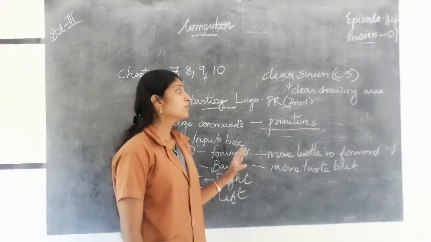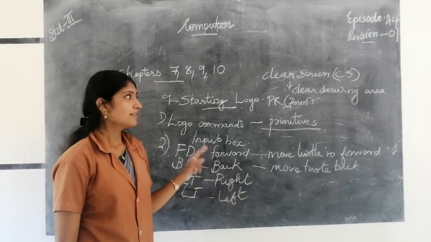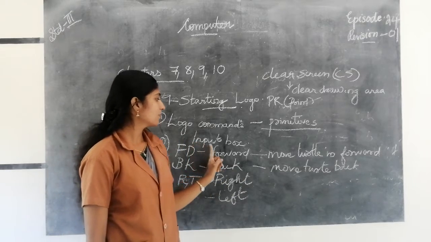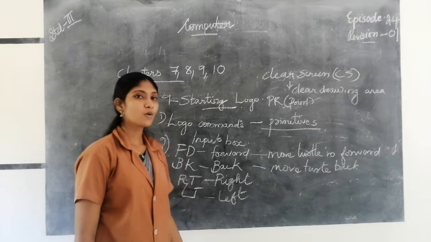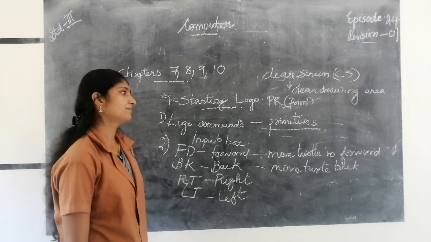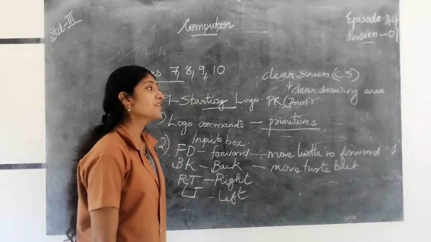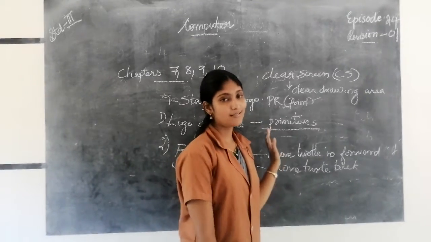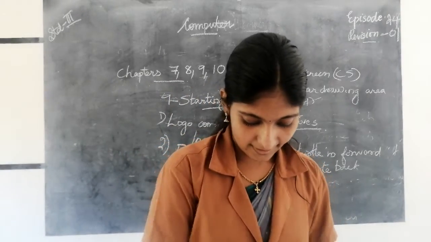If you want to clear the drawing area, you can type the command CS. Commands are typed in the input box, and they are all stored in the command recall box. Then what about PR? PR is a print command which is used to print messages and also do calculations.